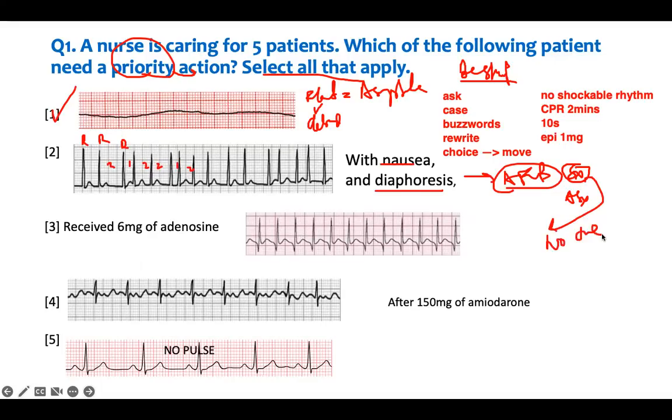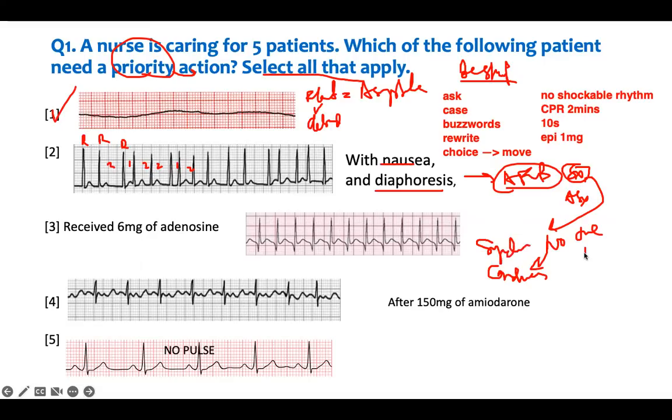Therefore, you have to do something quickly. If you have AFib and symptoms, that means the patient needs to be brought back. Rate control is not going to help. So this patient needs cardioversion. This is what we do: synchronized cardioversion.